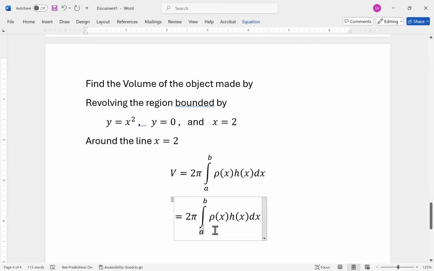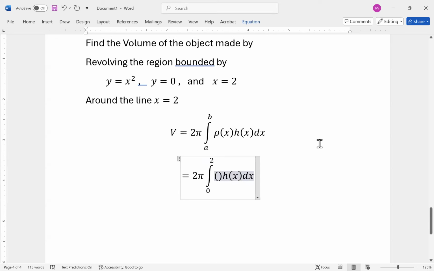Volume using the shell method. My x bounds go from 0 to 2. My radius, again, if I wanted a negative radius, which I don't, I'd do x minus 2 because all of these x values between 0 and 2 are smaller than 2.